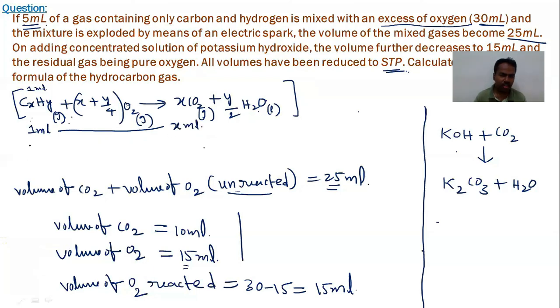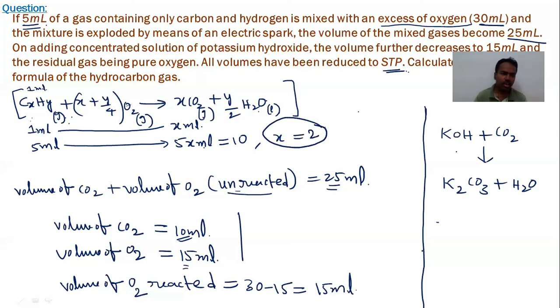Then 5 ml of hydrocarbon can produce 5x ml of CO2. The volume of CO2 produced is 10, so 5x is equal to 10. Then x is equal to 2.